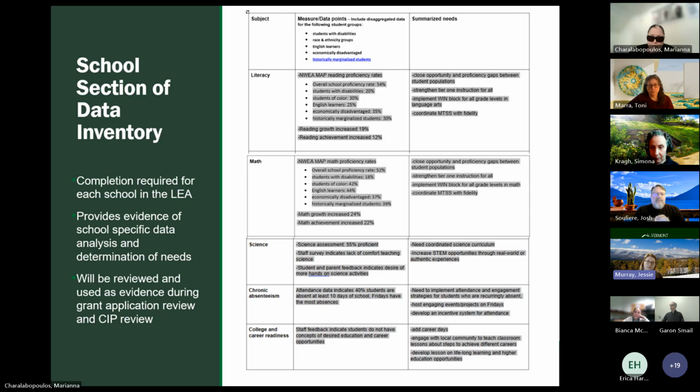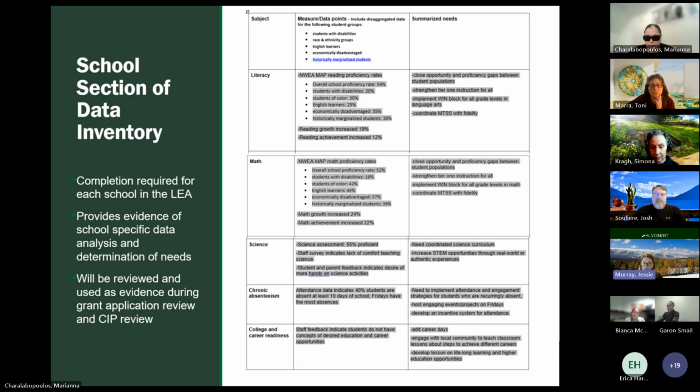So again, the slide with the screenshots shows examples of the kinds of data and the summarized needs that might be included in the school specific section. You might notice that the data and needs mirror the broader LEA level data and needs. That's absolutely okay, but the content in here should be specific to that particular school.